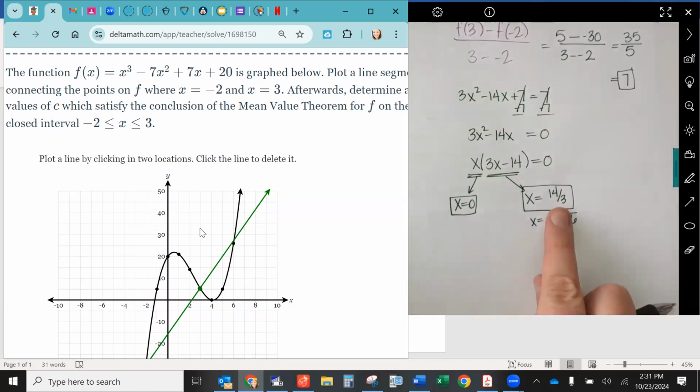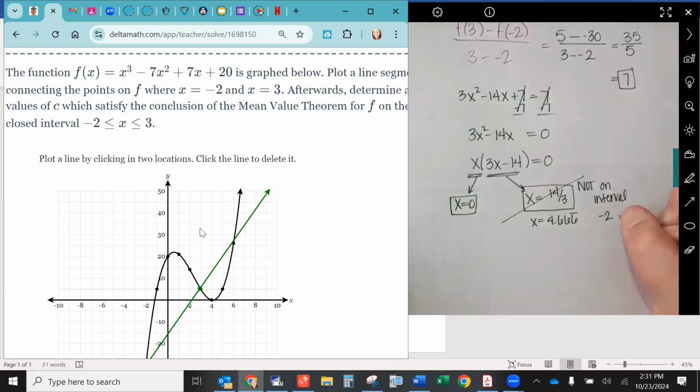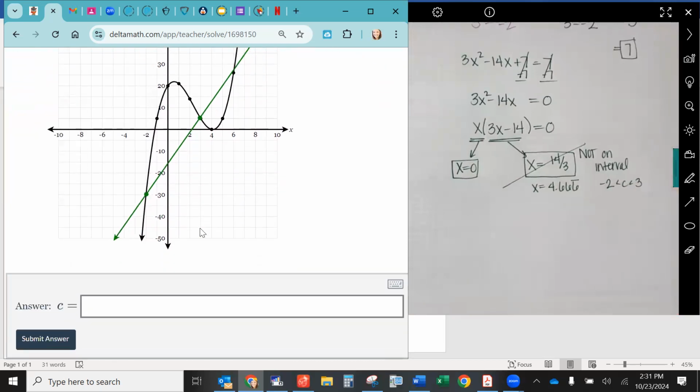This one. So I'm only going to include 0. So this is not on the interval -2 to 3. Okay, so you will only type in 0 as that value.